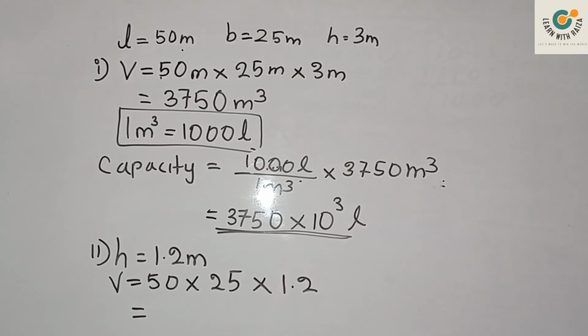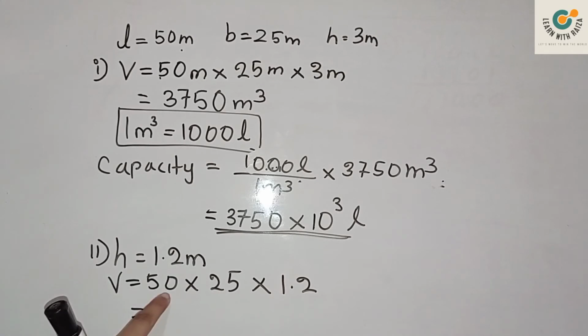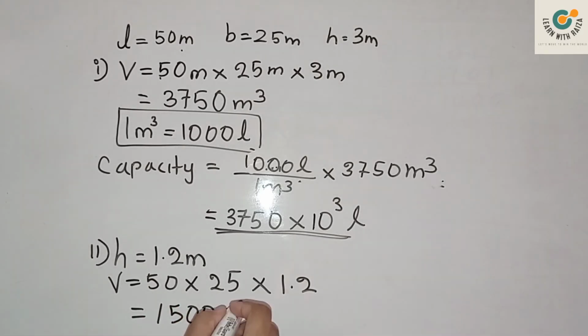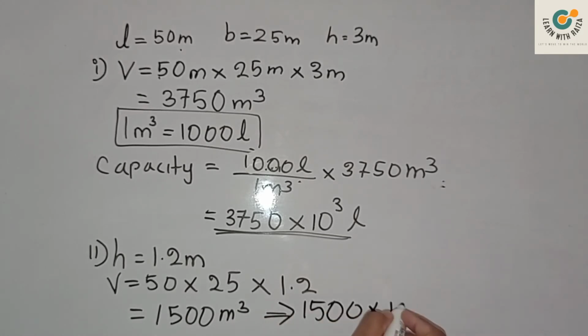Then you get 25 times 12, let's say. The one decimal place cancels with the 0. So we get the answer as 1500 cubic meters. So this volume in liters will be 1500 into 10 to the power 3 liters. So this is the capacity.